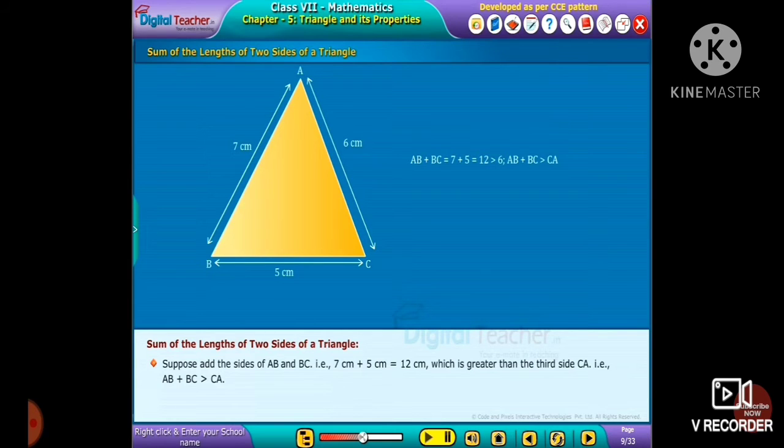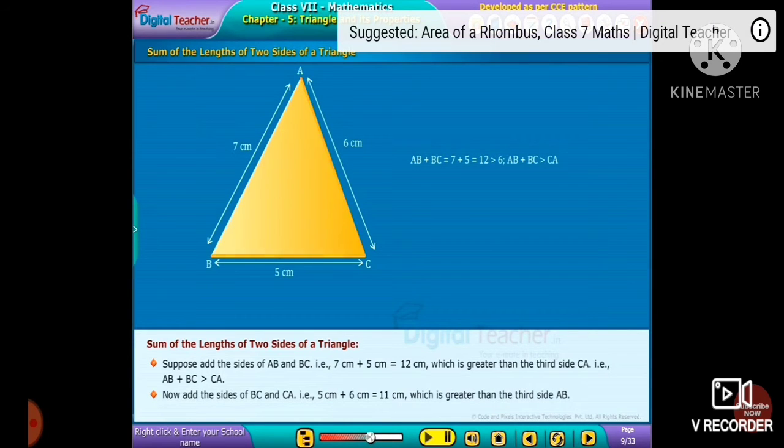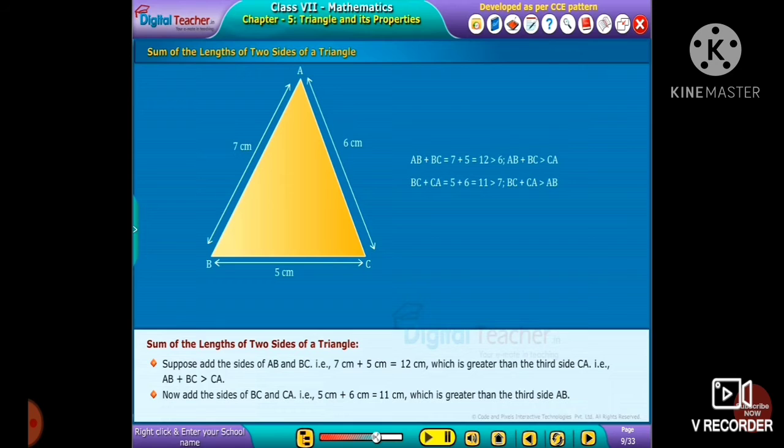AB plus BC is equal to 12, which is greater than the side CA. Now add the sides BC and CA, that is 5 plus 6, 11 centimeters, which is greater than the third side AB. Similarly, if we add the other two sides, it will be greater than the third side BC.